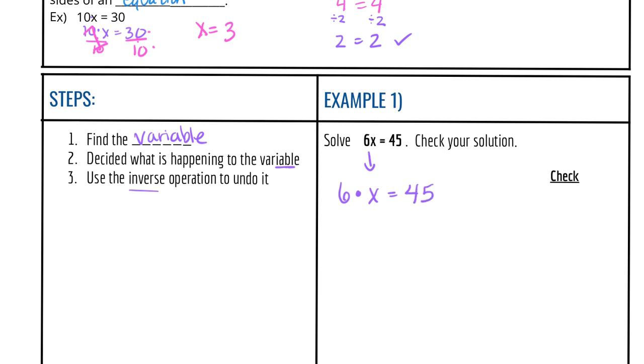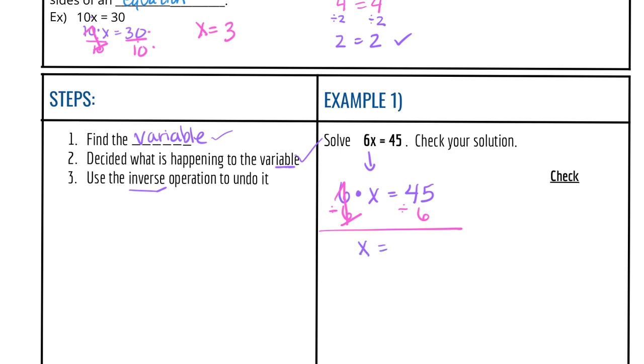Well, I found the variable, it's being multiplied, so I'm going to use the inverse of multiplication. That means I'm going to divide by 6 on both sides of the equal sign. When I divide 6 by 6, that just gives me 1 whole, so I'm left with 1x on the left side.